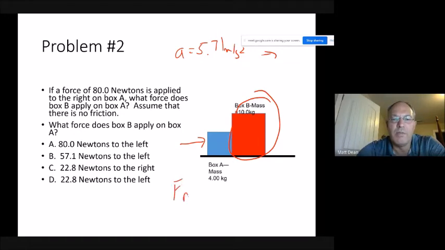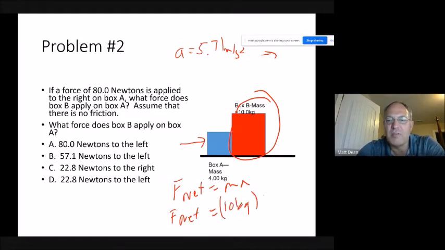If we want to know the net force acting on box B, let's think about Newton's second law. So this is just box B. The mass of box B is 10 kilograms. The acceleration of box B is 5.71 meters per second squared.